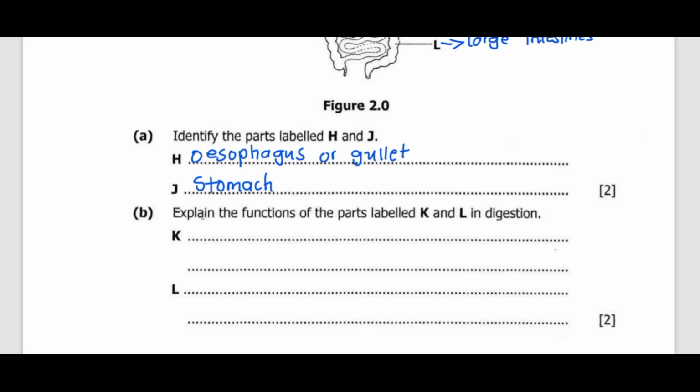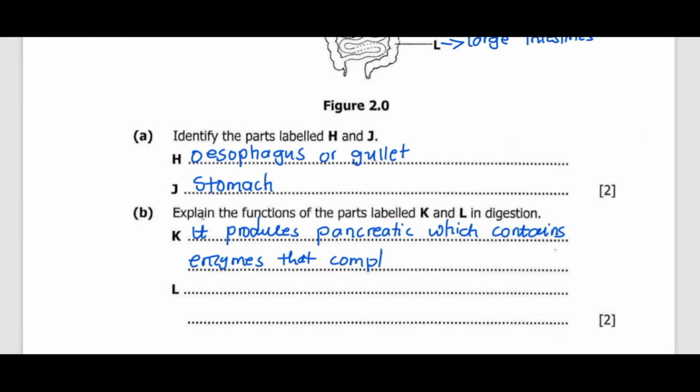For K, which is the pancreas, structure K produces pancreatic juice, which contains enzymes that complete digestion in the small intestine.